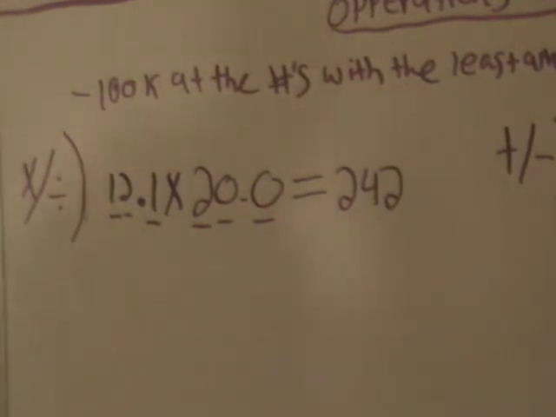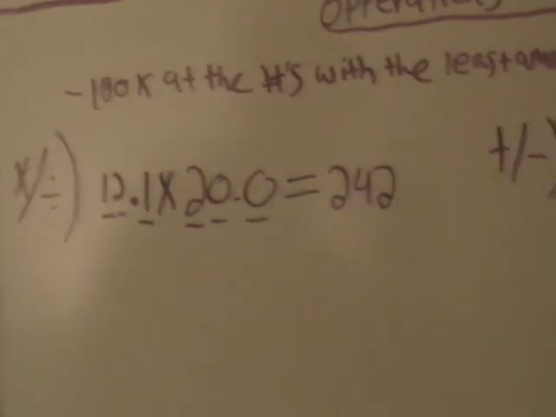This is a key part here: when we do multiplication, we look at the total number of significant digits in each value that we're multiplying. There are 3 significant digits in both 12.1 and 20.0, so our end result will have 3 significant digits as well. Say we had only 2 significant digits multiplied by 3 significant digits. You take the least amount, so your final answer would have 2.